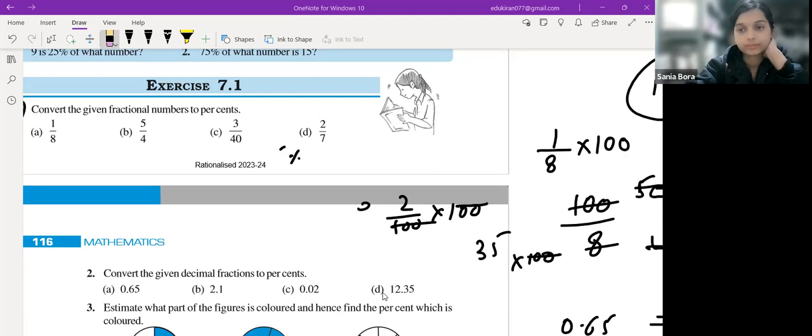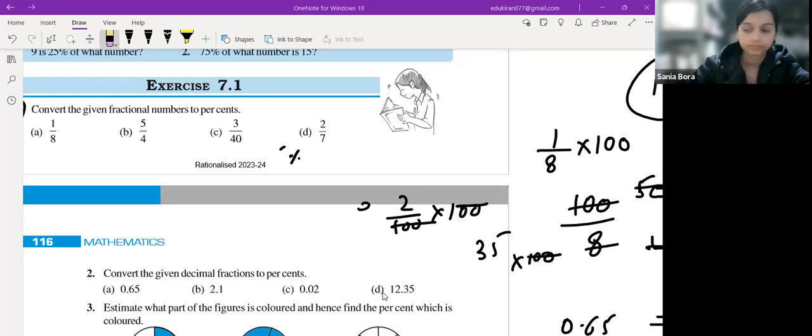The second one, I'll read the question. Out of 15,000 voters in a constituency, 60% voted. Find the percentage of voters who did not vote. Can you now find how many actually did not vote? Number of voters in a constituency is 15,000. Percentage of voters who voted is equal to 60%.